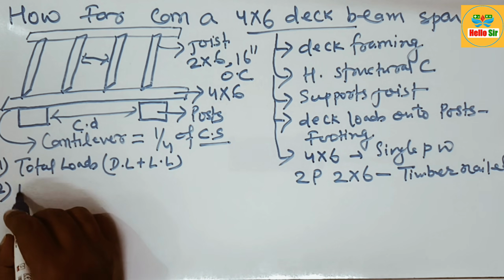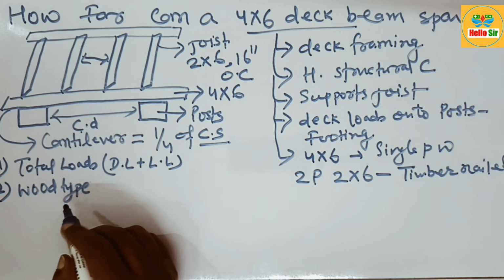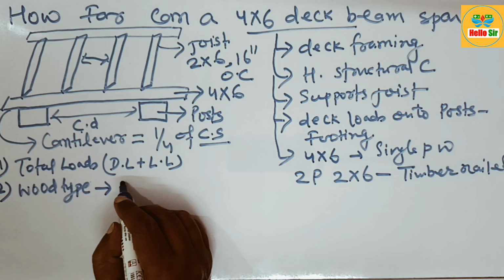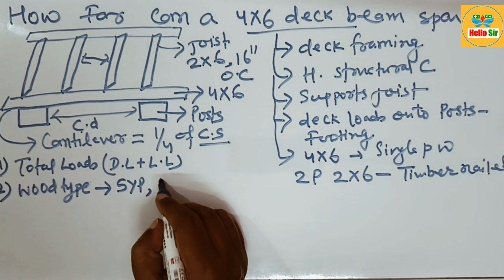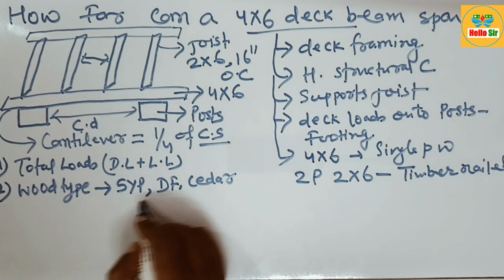The second is wood type. What wood is used for your deck beam? What are the species? Pressure treated lumber, SYP, DF, cedar or redwood.